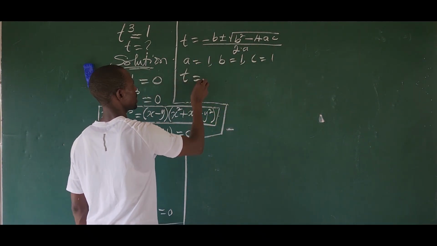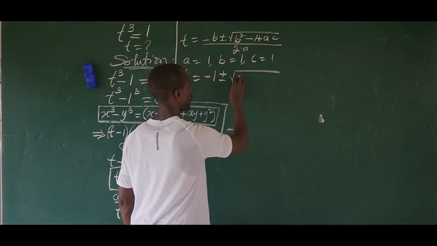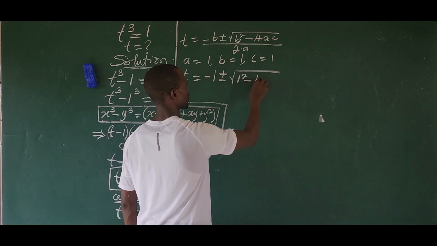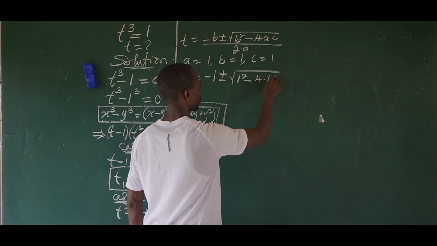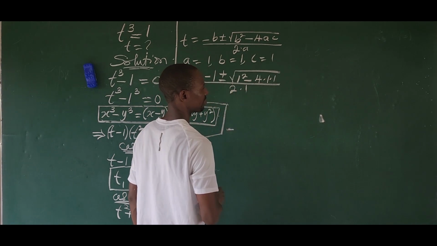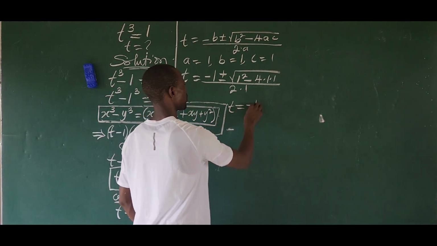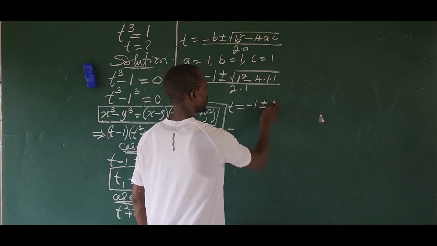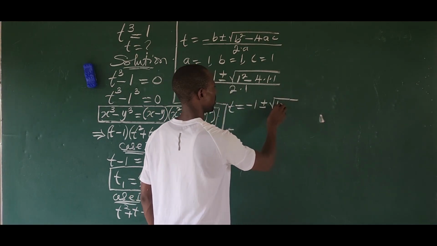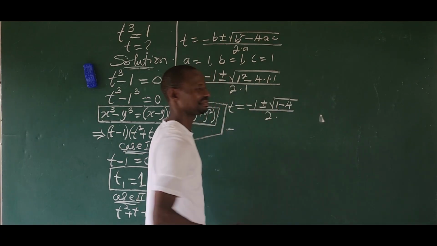So this is going to give us t is equal to minus 1 plus or minus the square root of 1 to the power of 2 minus 4 times 1 times 1, all over 2 times 1. So we have t will now be equal to minus 1 plus or minus square root of 1 minus 4, all over 2.